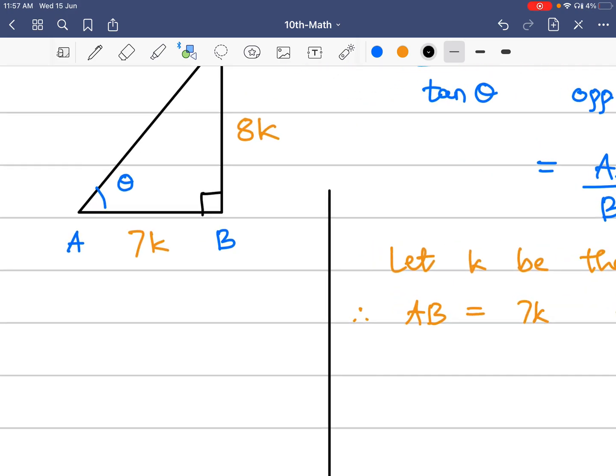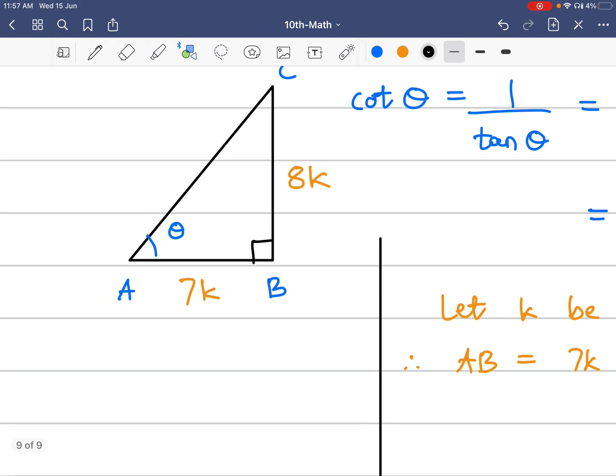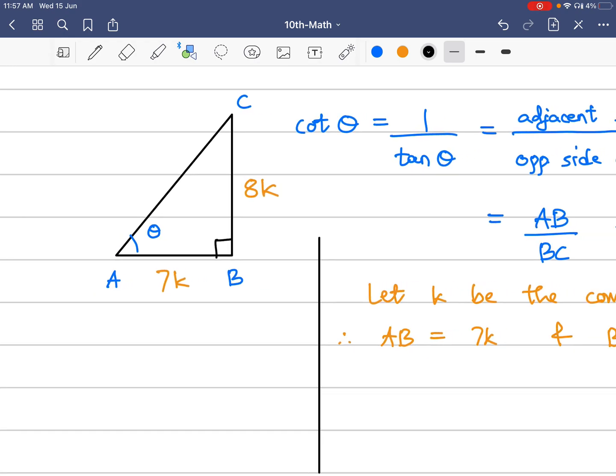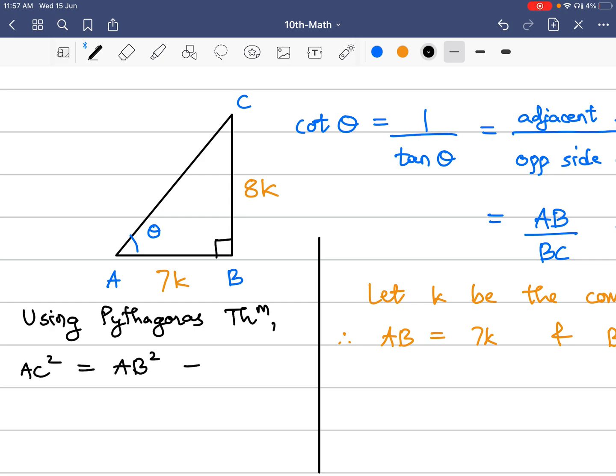So using the Pythagoras theorem, we have AC square equal to AB square plus BC square, and that is equal to AB is 7k the whole square plus BC is 8k the whole square.